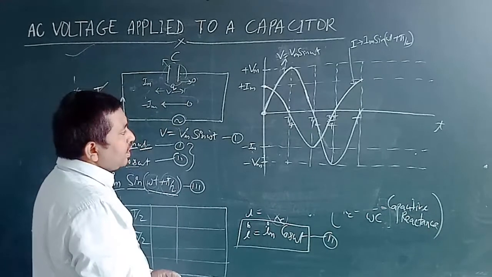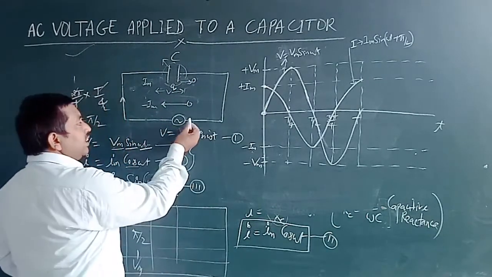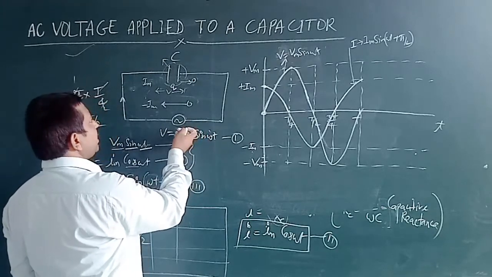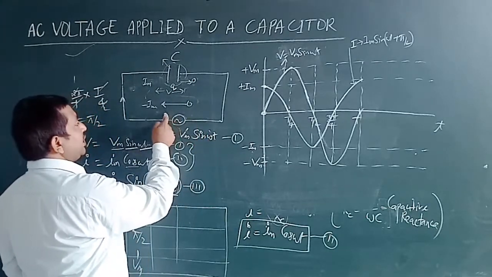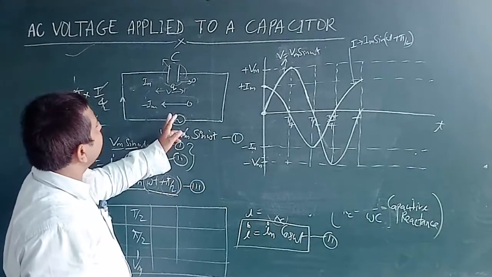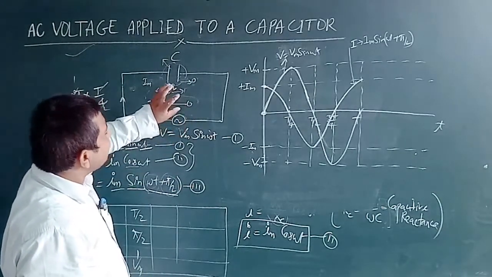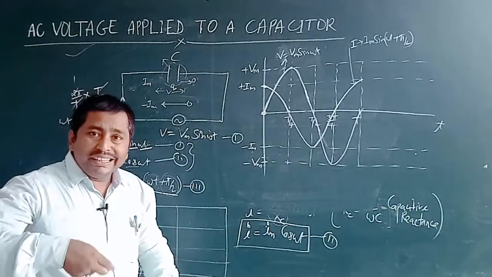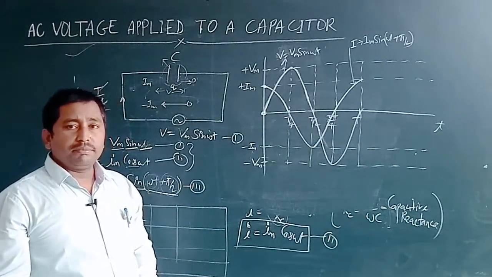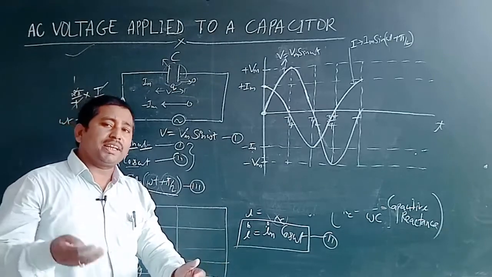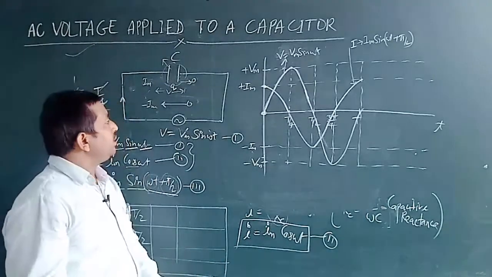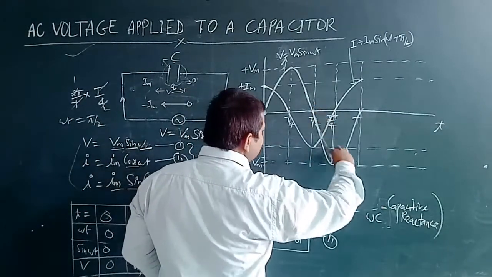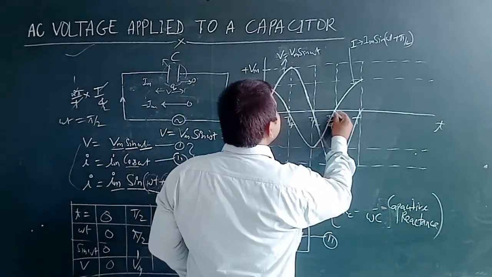Now at that time when the potential changes its polarity, there becomes a positive terminal and there becomes a negative terminal, so there is a change in the direction of current also. Because when there is no potential, and after that potential is applied, there will be an increment in the potential, and when the potential increases in the opposite direction, then the current also decreases.